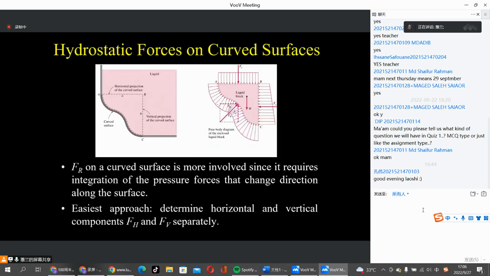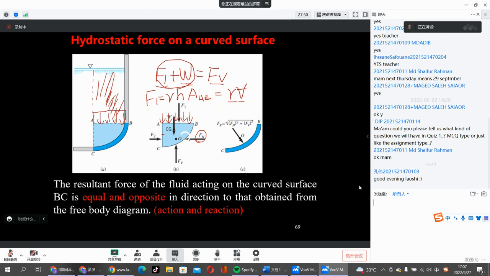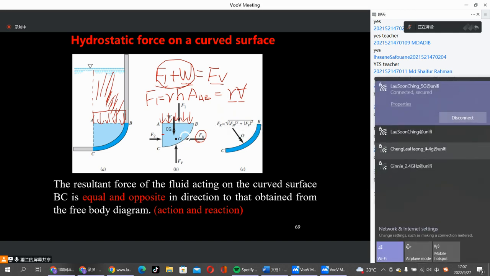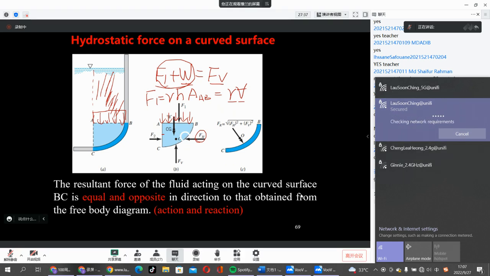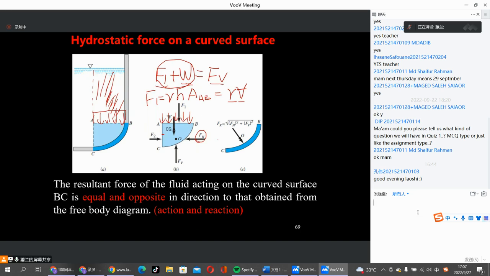You see, here we need to know that these are action and reaction forces, right? So FH, and we will have FH prime, and FV prime.